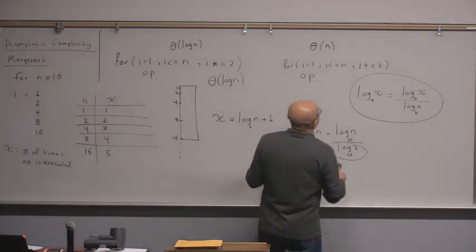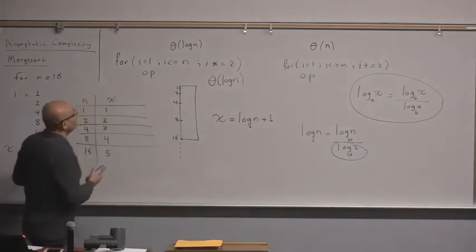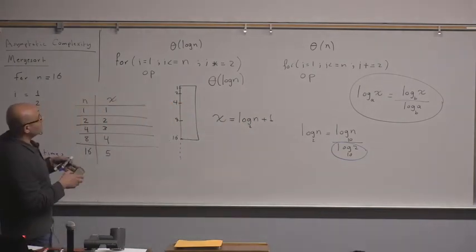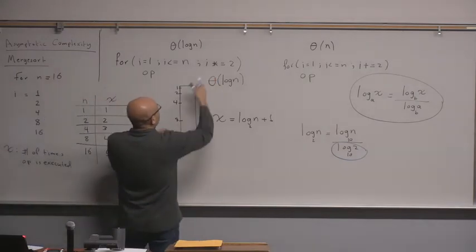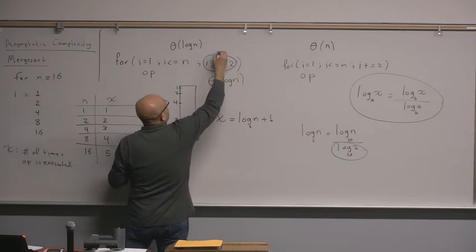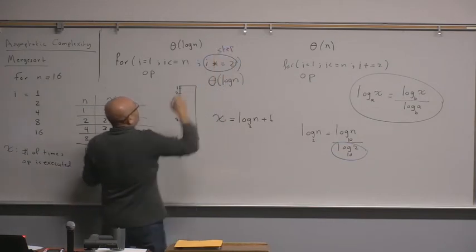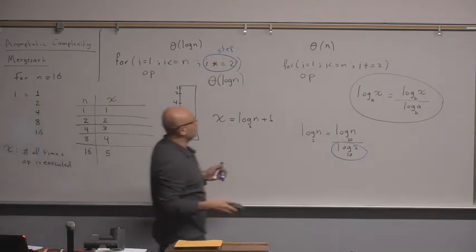So this is for logarithmic. Remember that if you have a multiplication like this in the step of the loop, then this will lead to logarithmic running time.